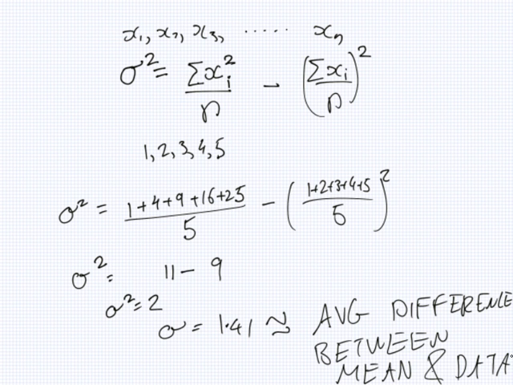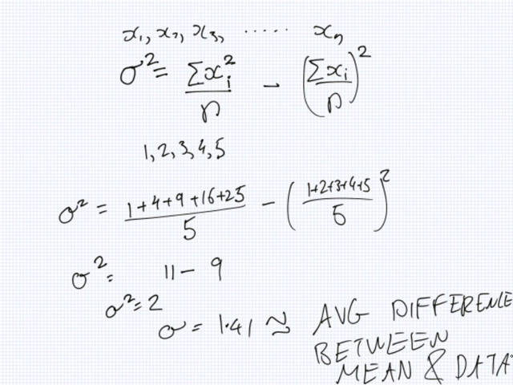I know it seems a bit strange, but it is. So, 1.41. What that means is the numbers 1, 2, 3, 4, 5 are roughly 1.41 away from 3 on average. Okay?